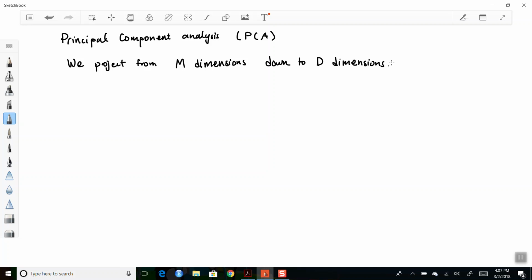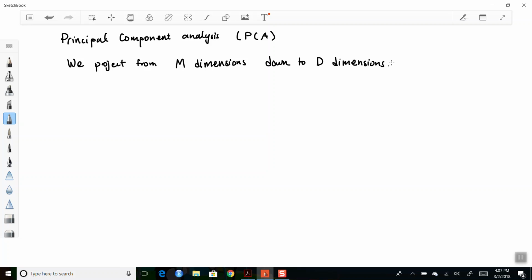So the idea is, we can have a three-dimensional object that gets projected down to a shadow, which is a two-dimensional object, okay? Or in this case, we might have a 50-dimensional object, m is 50, and we project it down to 5 dimensions or something like that, okay? So we're going from m dimensions to d dimensions.